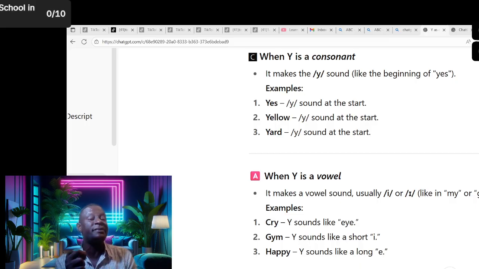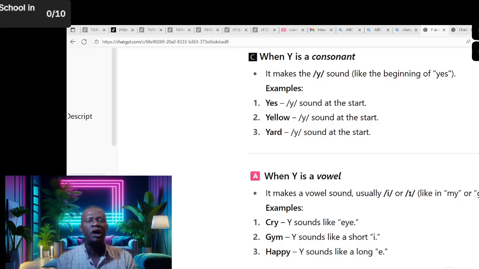When it's a consonant, you have to hear it sound like Y, like the beginning of yes.